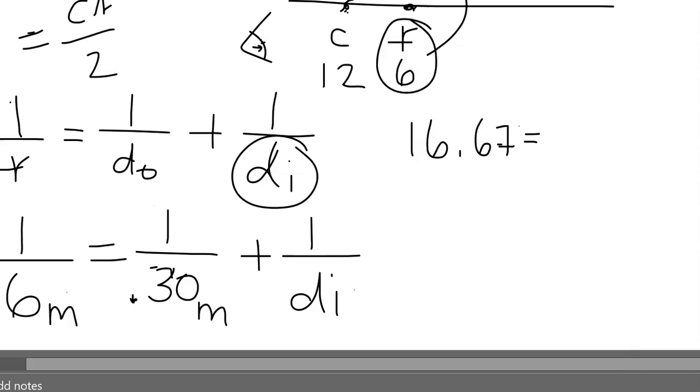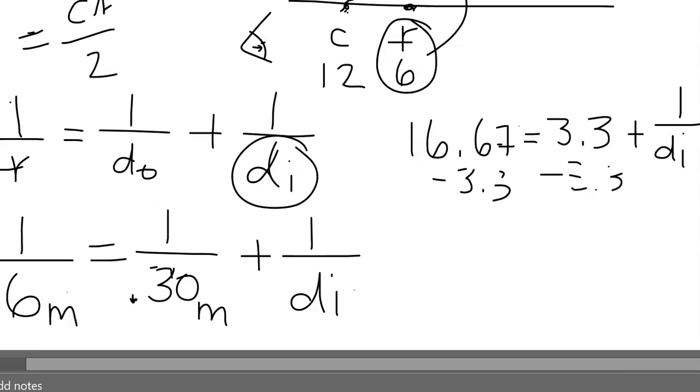And that would equal 1 over 0.3, which ends up being 3.3 repeated, plus 1 over DI. Then you want to subtract both sides by 3.3. And then you're going to end up getting 13.37 is equal to 1 over DI.